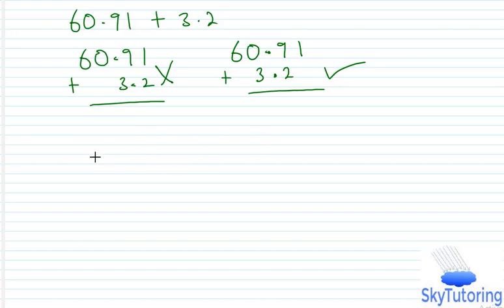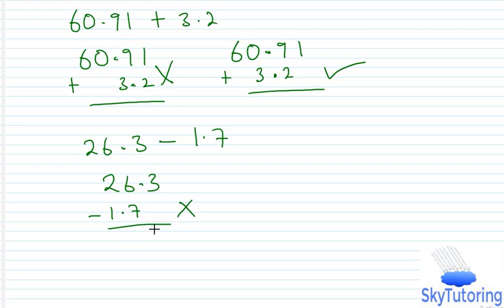Let's see another example with subtraction. Let's say we have 26.3 minus 1.7. How do we write this? Starting with the wrong way, this will be 26.3, and somebody will decide to write 1.7 like this. This is wrong. Why is it wrong?